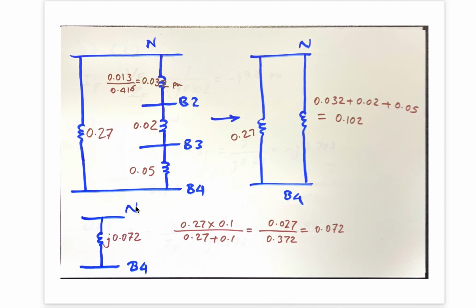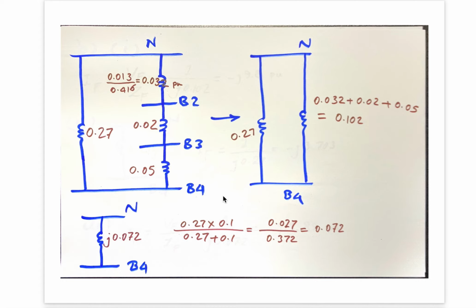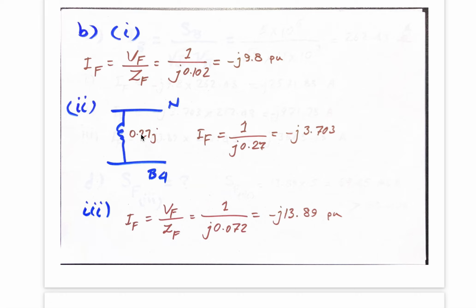And if you look at the reduced version of this network, you need only this impedance, 0.27. So IF equals 1 over j0.27 per unit, and that gives us negative j3.703 per unit as the short circuit current in per unit.